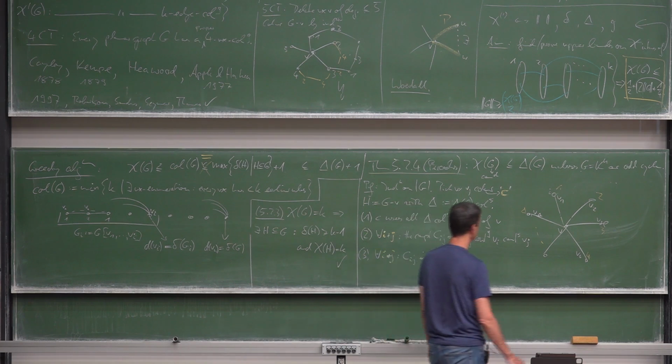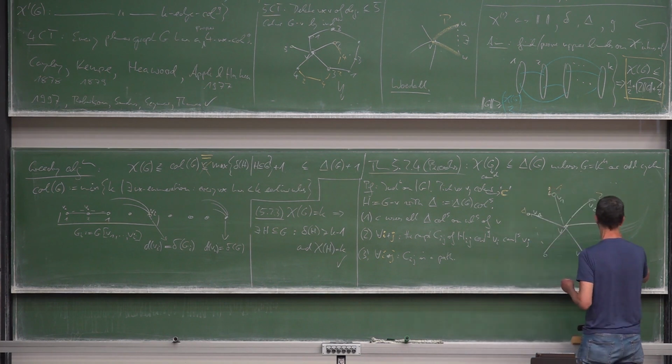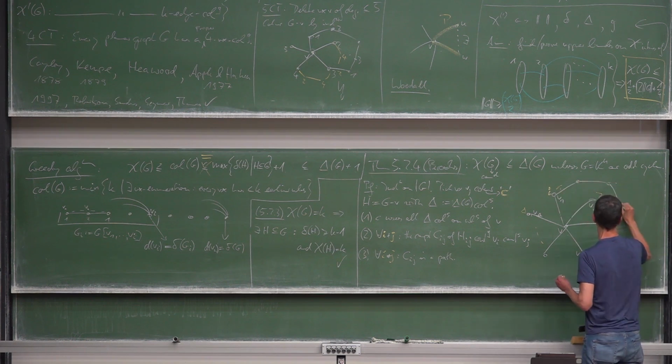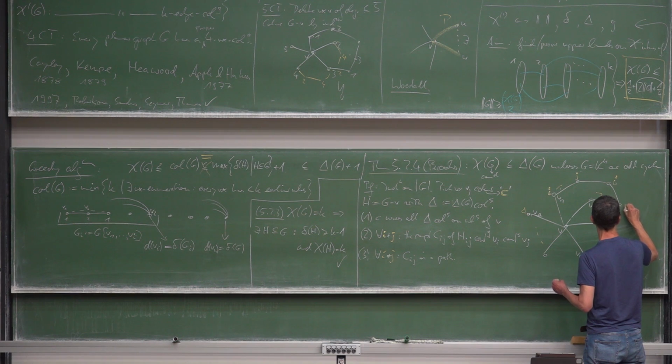Let's prove that. So, okay, here's my i. Let this be j. So we have i, j, i, j, running out of space.